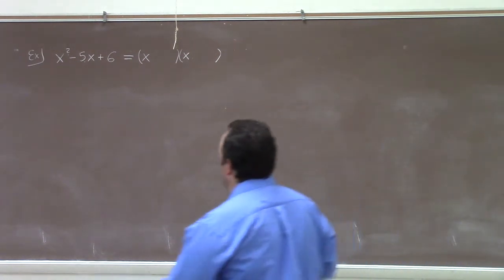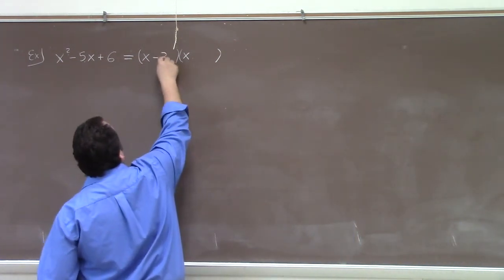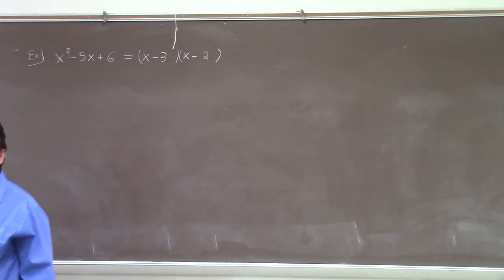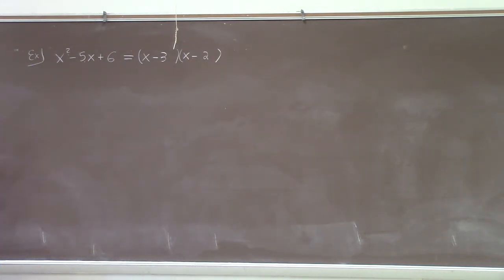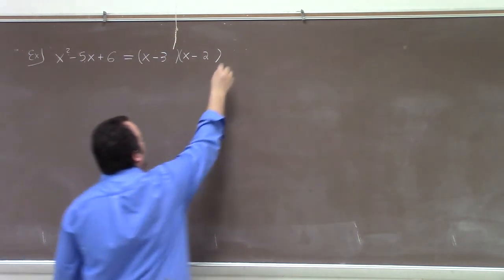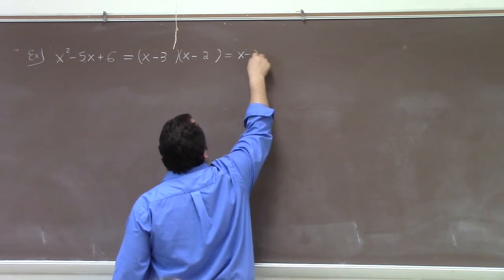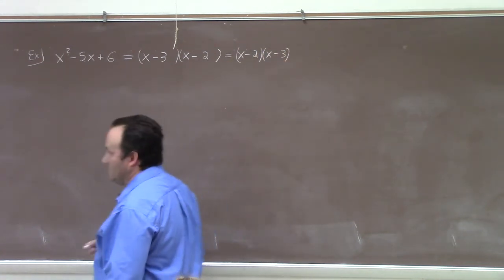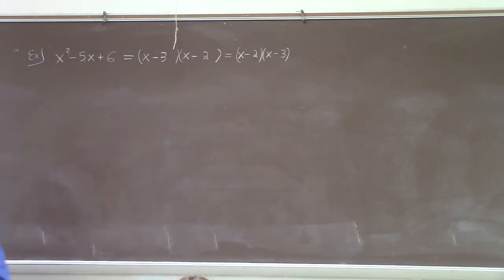So minus 3, minus 2. Which one comes first, the 3 or the 2? The answer is it doesn't matter. If you multiply it, this is equal to x minus 2 times x minus 3. So the order of the factors is immaterial, you know? There's always that ambiguity in all of these examples, okay?